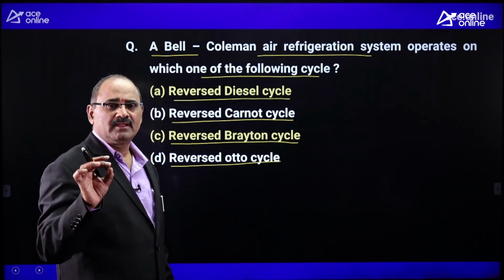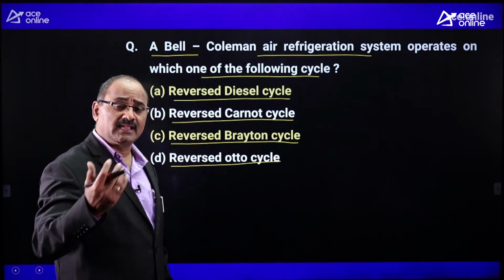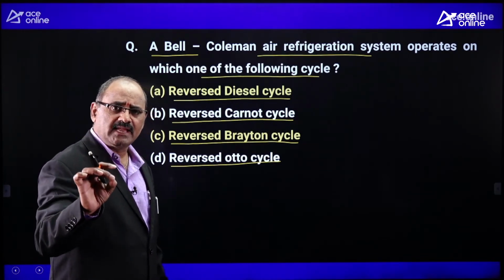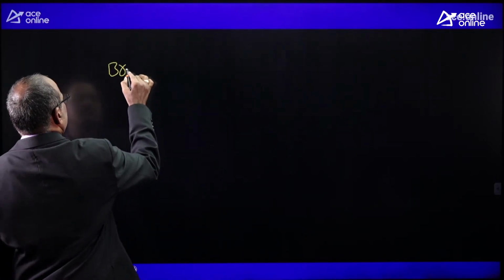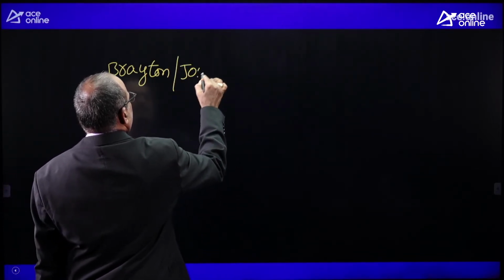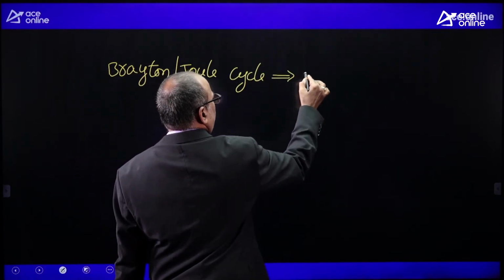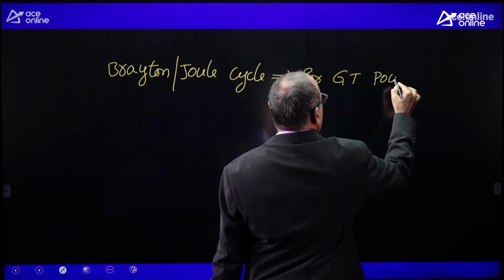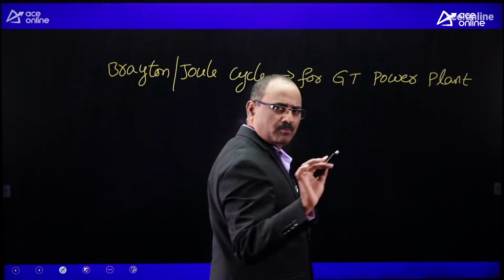Brayton cycle is the theoretical cycle for gas turbine power plant. Once again, Brayton cycle or Joule cycle, let me write it. Brayton or Joule cycle is the theoretical cycle for gas turbine power plant.